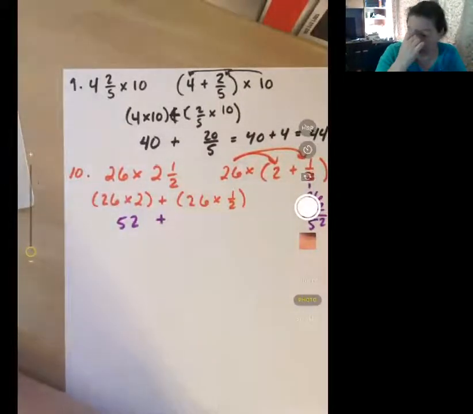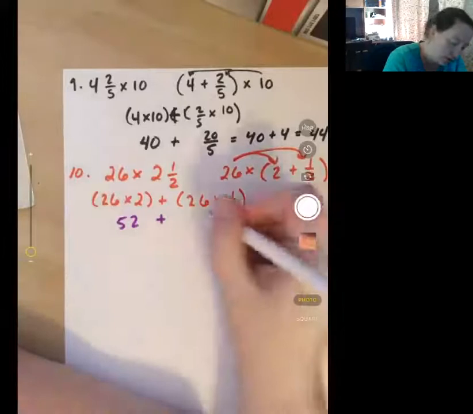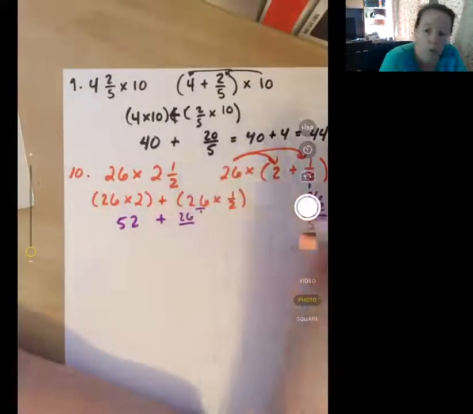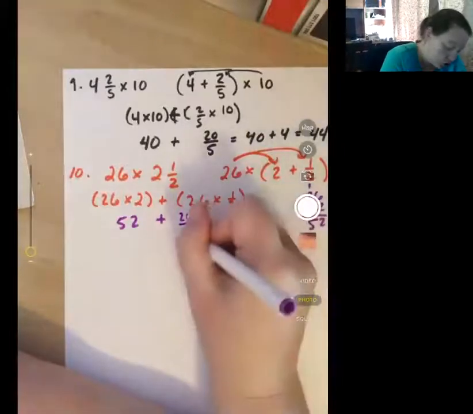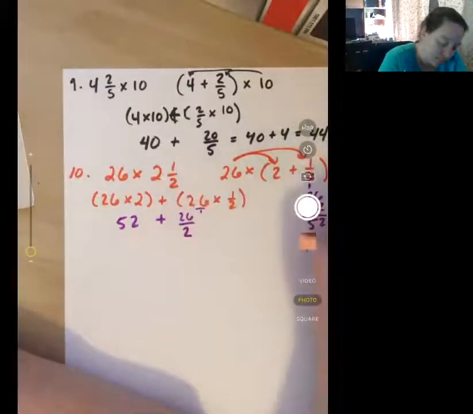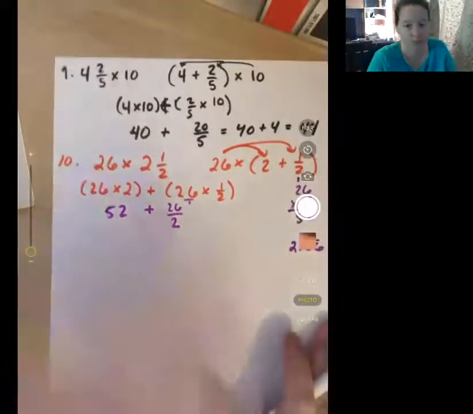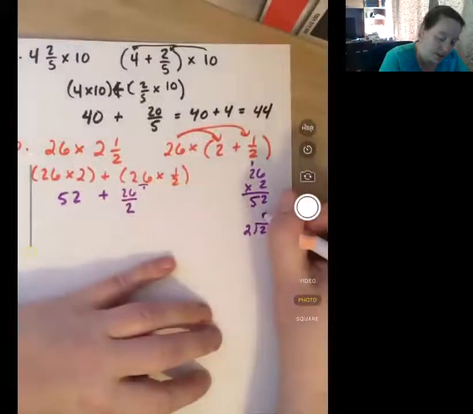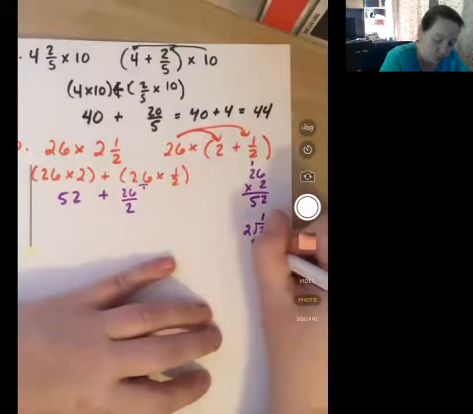26 times 1/2. 26 times 1 is 26 over, remember the invisible 1 that we have there? 1 times 2, which is 2. So it actually ends up becoming, how many times does 2 go into 26? 2 goes into 2 one time, because 1 times 2 is 2.